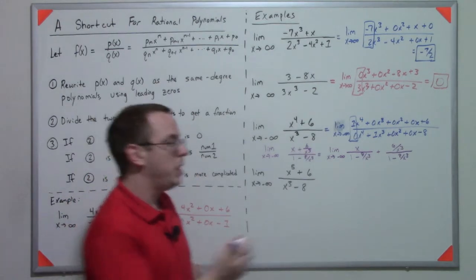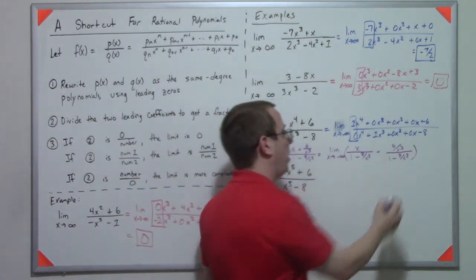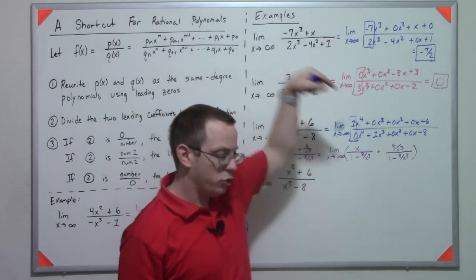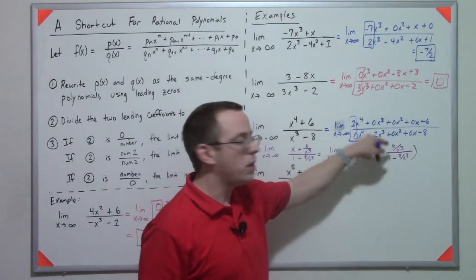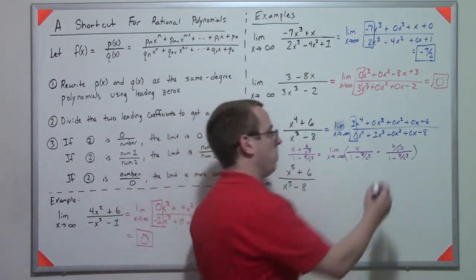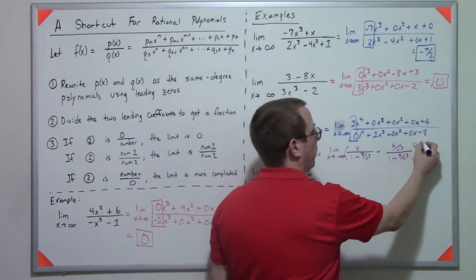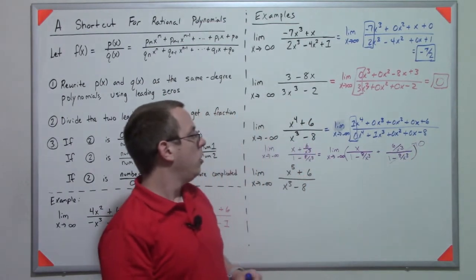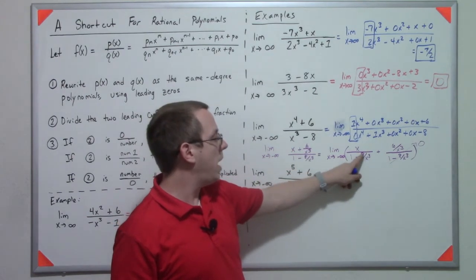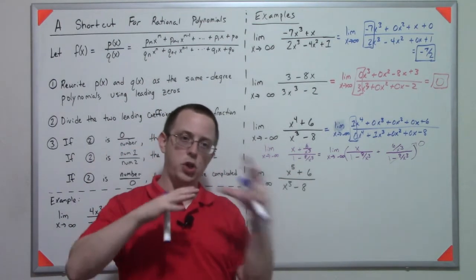So in this particular case, when I take x to infinity, this gets really large, so it just drives it down to 0. And then on top, this little subfraction also drives down to 0. So that's going to clearly go to 0. But in this case, that 8 over x cubed is going to drive to 0, because that x cubed is going to get huge.